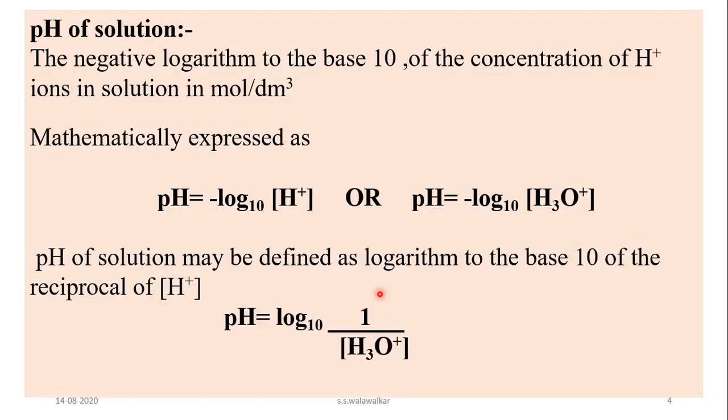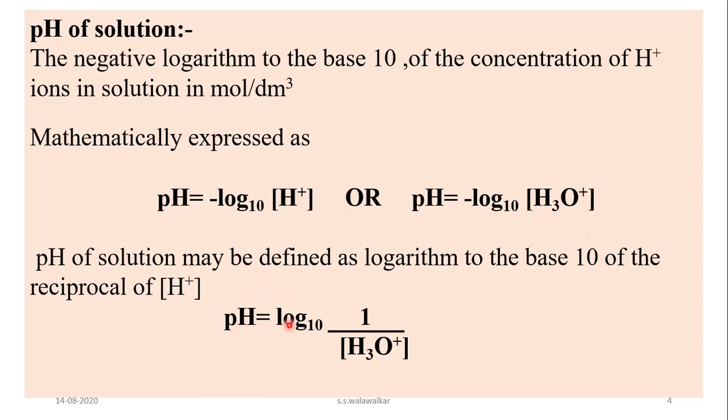According to Sorensen, the definition of pH is the negative logarithm to the base 10 of the concentration of hydrogen ion in solution in moles per decimeter cube. Mathematically, pH is equal to minus log to the base 10 of the hydrogen ion or hydronium ion concentration.